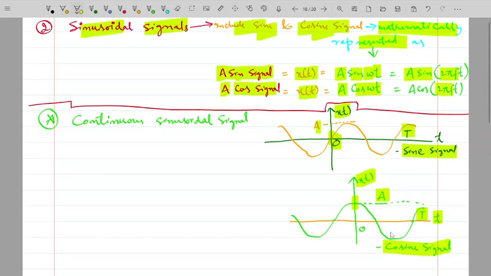So substituting, x of t equals A sin 2 pi f t. Similarly for the cosine wave, x of t equals A cos omega t, and omega is 2 pi f, the angular frequency. So x of t equals A cos 2 pi f t.